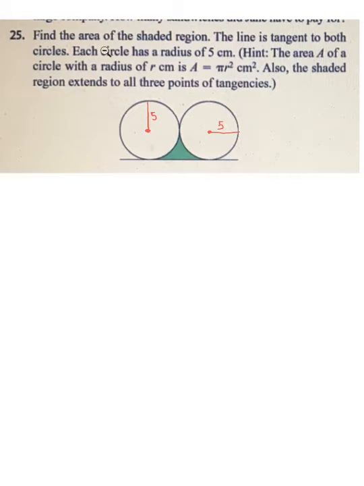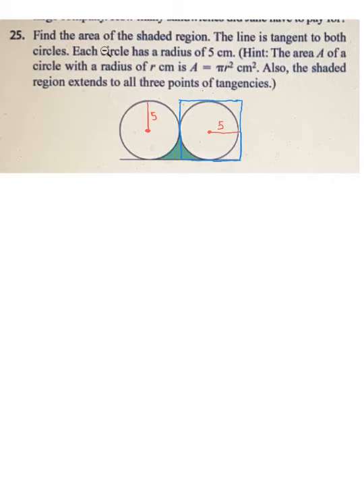Okay, so the first hint I want to give you is, each circle you could think of as maybe existing in a square. And how big is this square? Well, the diameter of the circle is going to be the length of the sides of the square.